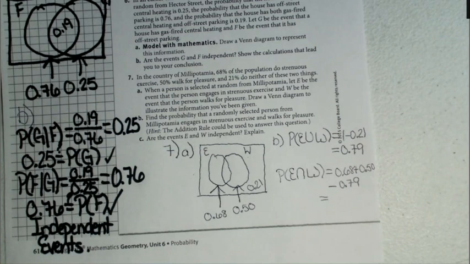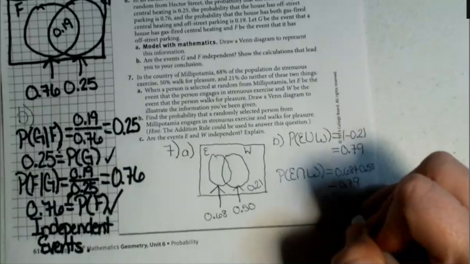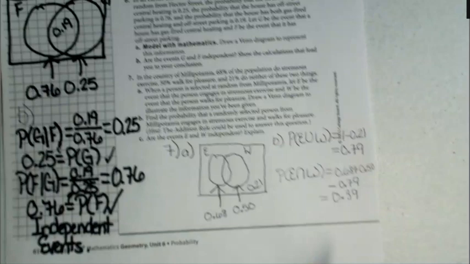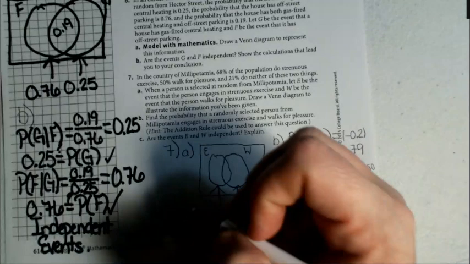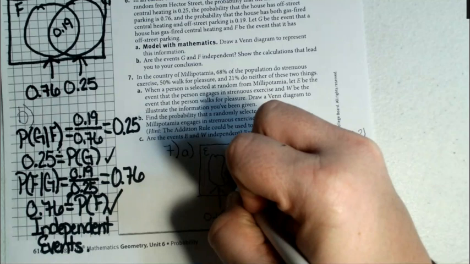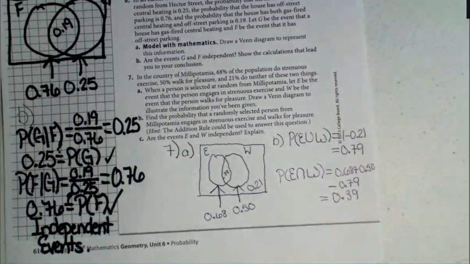So we're going to do 0.68 plus 0.50 minus 0.79. This is the part that should be in the overlap section. So this part right here is 0.39, just that overlap.